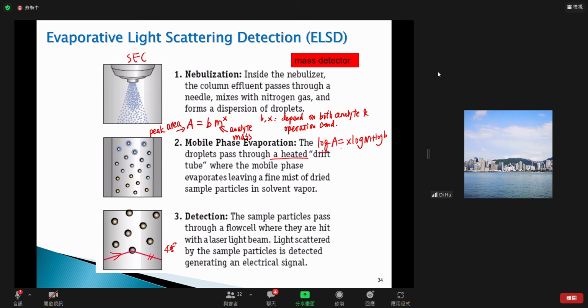Now we get a linear relationship: log A is proportional to log of the mass. So you can start with the lowest mass and go up if you want to measure mass concentration. Okay, so this is how they are related, just for information.